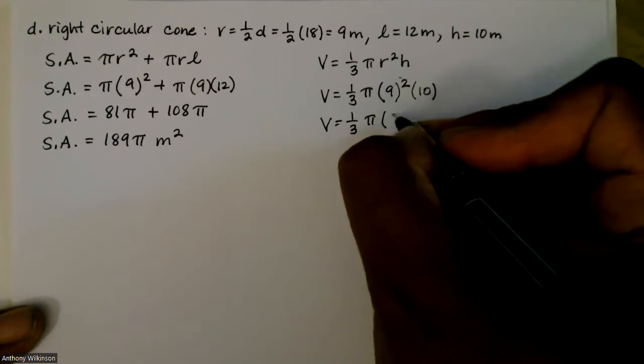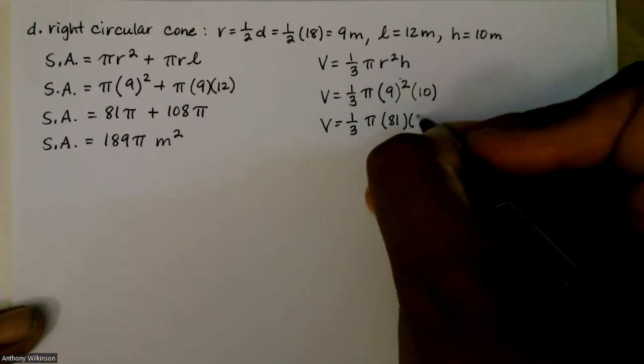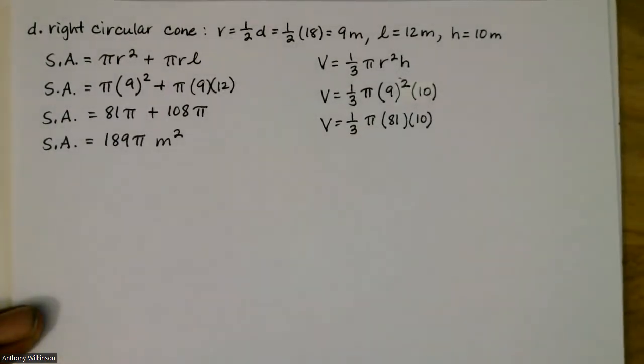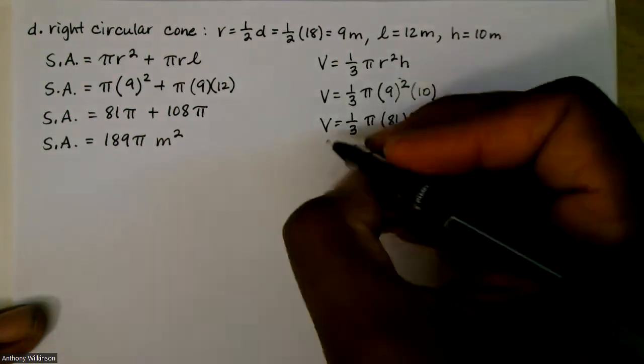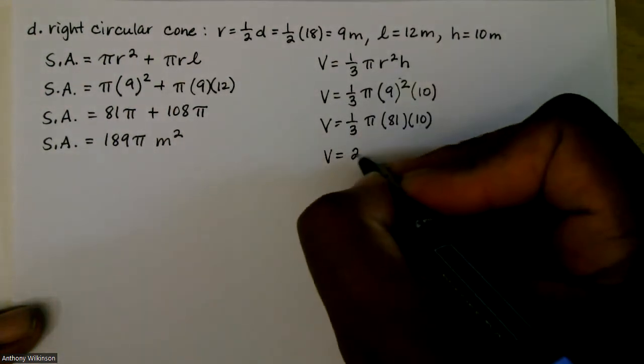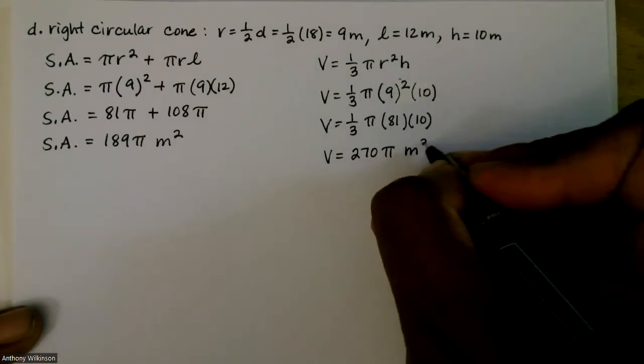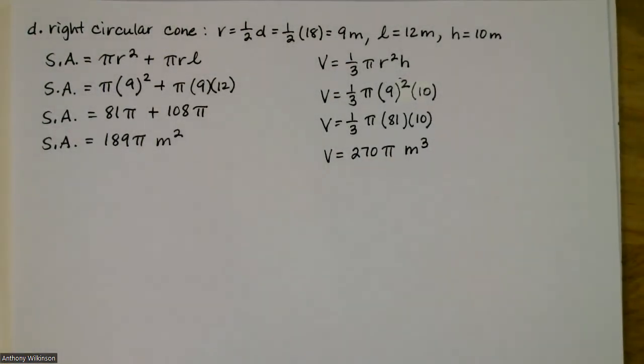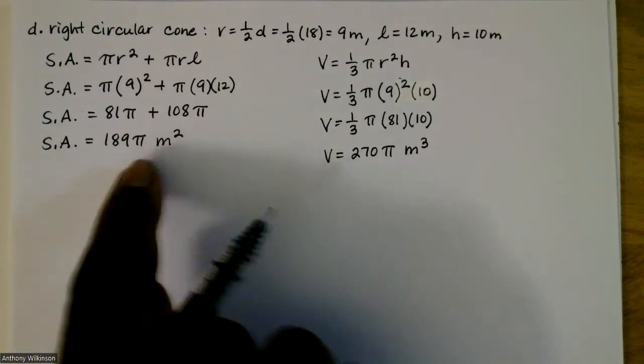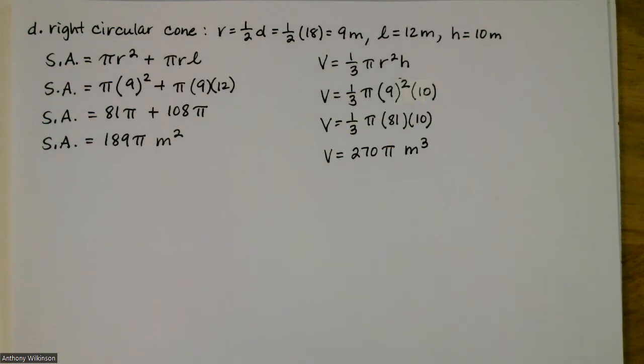Let me go ahead and square that 9. That's going to be 81 times 10. If I do 81 times 10, divide that by 3, I would get 270. And it'll be 270 pi cubic meters. So that's the surface area and the volume of that right circular cone.